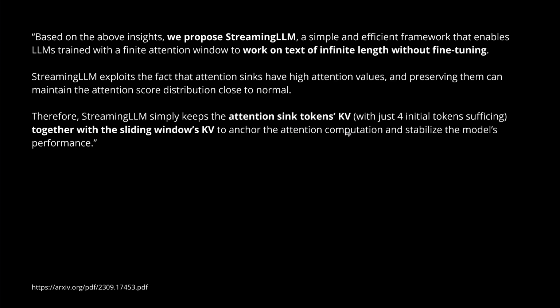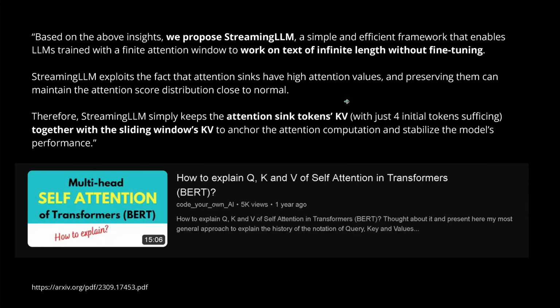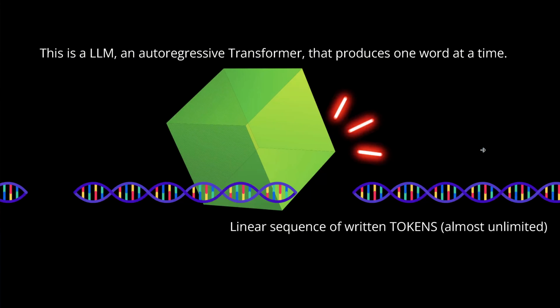So they just combine 2 methods, the start token and a sliding window that we already know from all transformer architectures. If you want to learn more about the query, the key and the value, and how it is calculated in the self-attention of a transformer network, I have a video on the BERT network for you. I try to give you the most simple and insightful explanation of how self-attention is calculated.